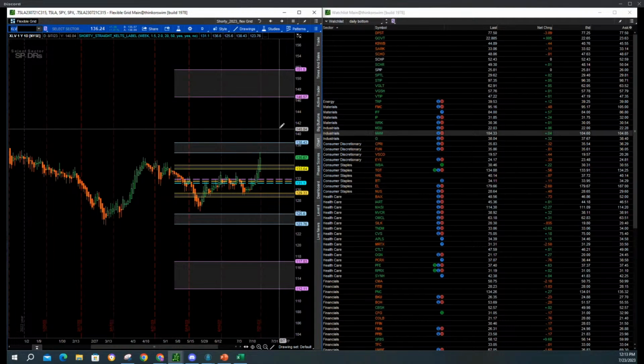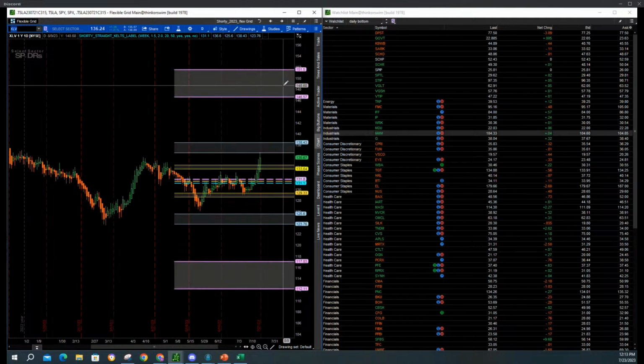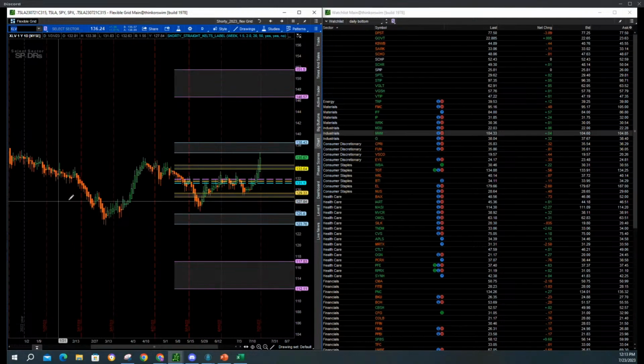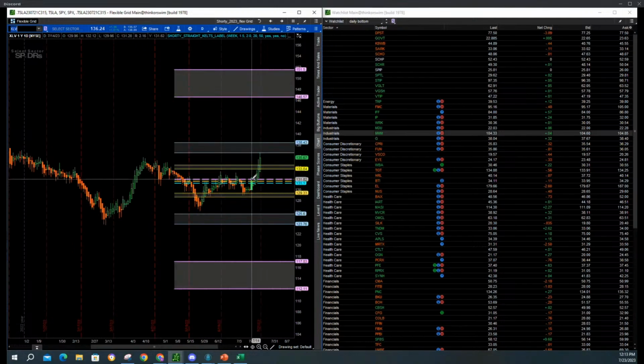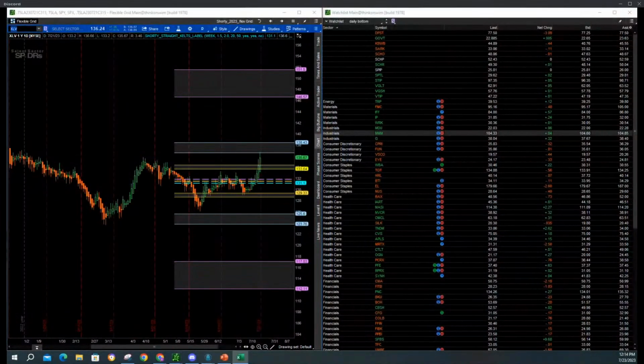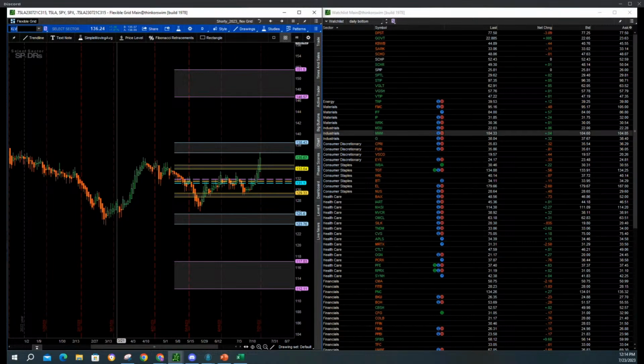I'm not willing to pay 140 to make $7 a share. At 117, I'd be a buyer, right? If I can catch this, I'd buy there. So 117 to 120 on XLV. And it wouldn't be top of my list.